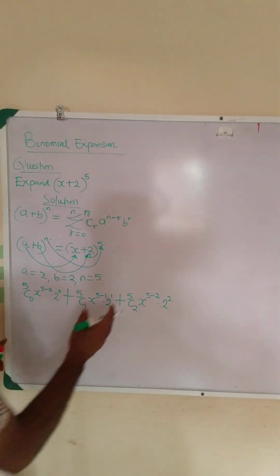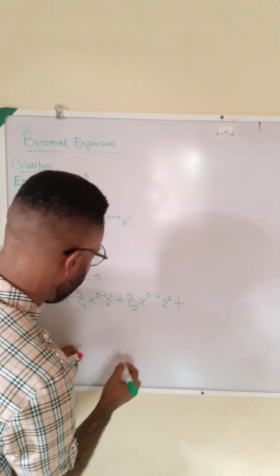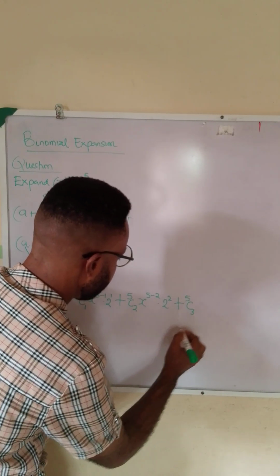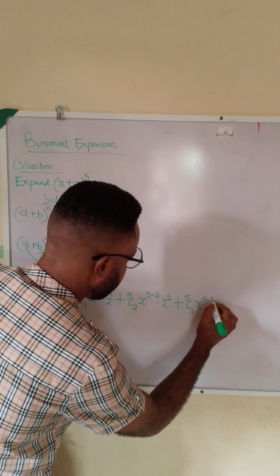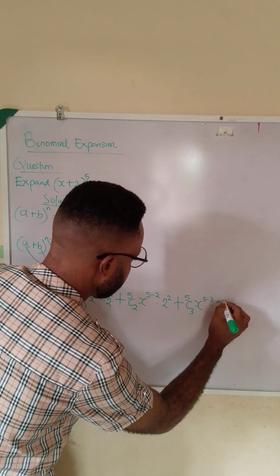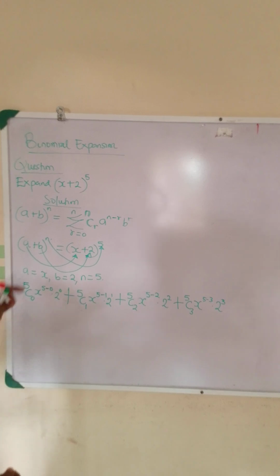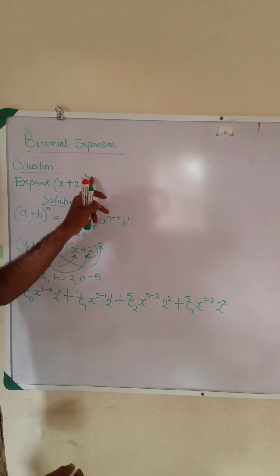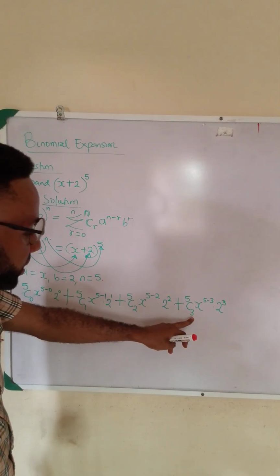We continue. Let's take this plus, we have again 5 combination 3, x raised to 5 minus 3, because our r is 3, dot, which is the same thing as multiplication, 2 raised to 3. We have to do it until we have 5 here, since we are considering raised to 5.